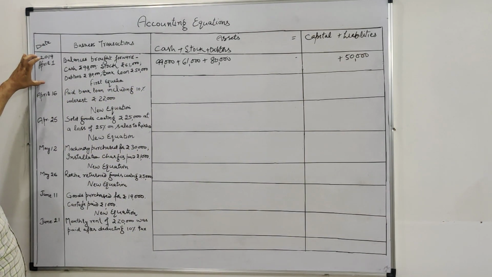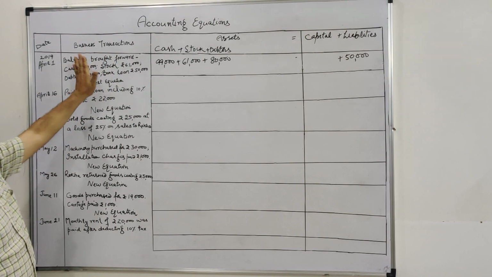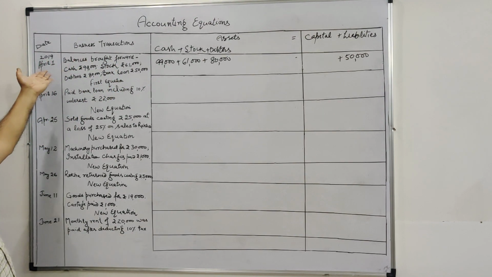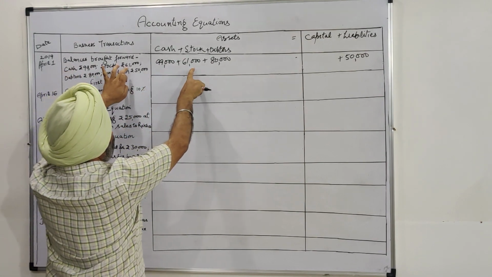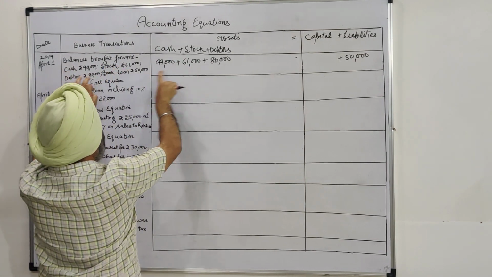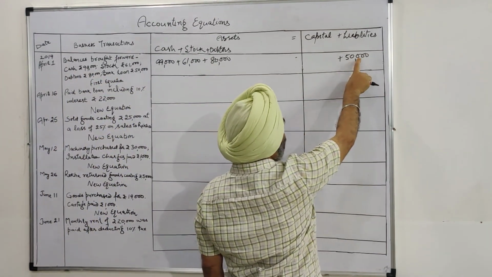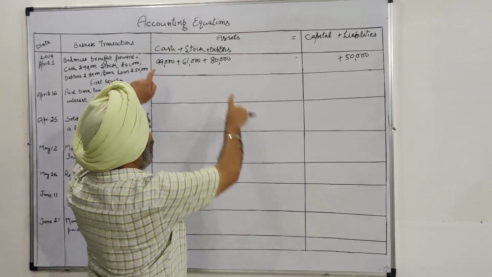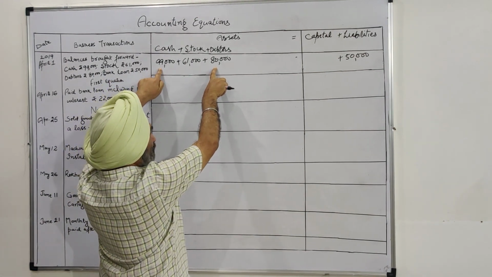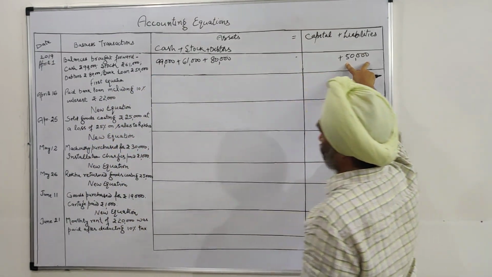Now the first item, balances brought forward from the previous year. We are given cash balance, stock balance, debtors balance, and a liability balance, bank loan as one of the liabilities. 2,40,000 is given on this side and 50,000 is given on the other side.